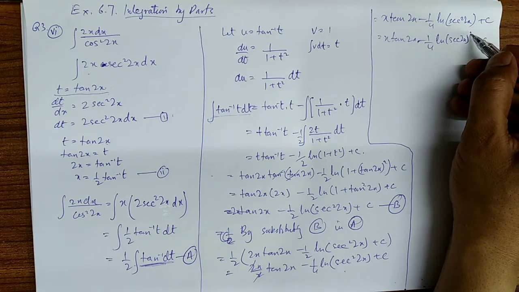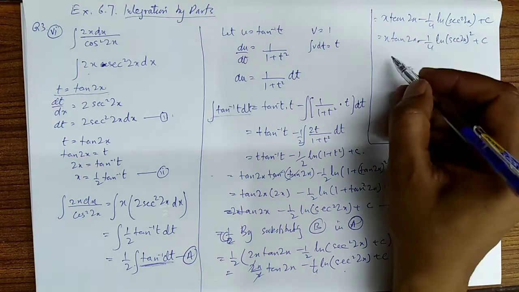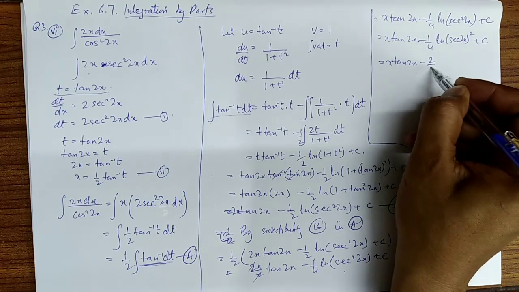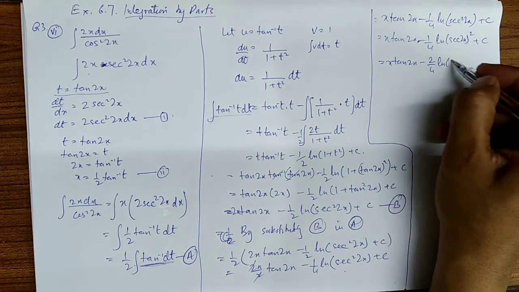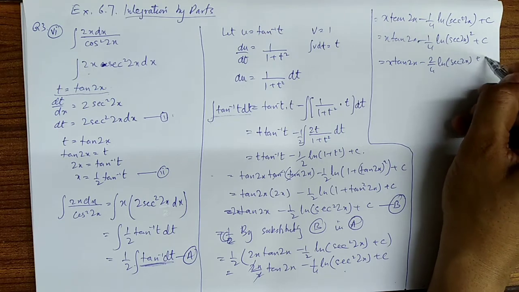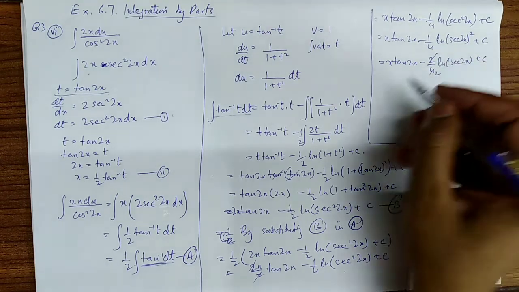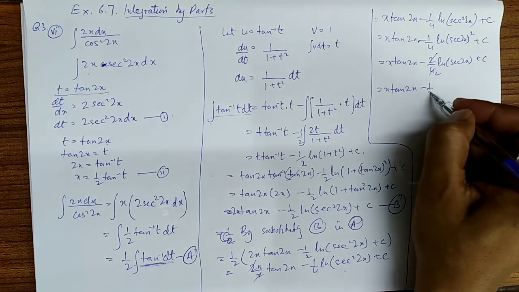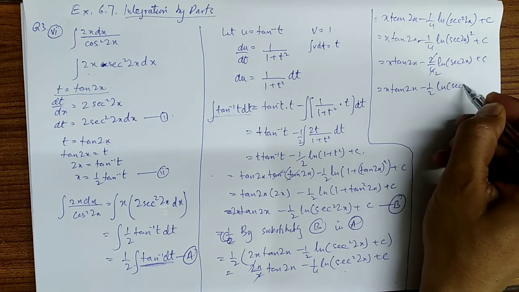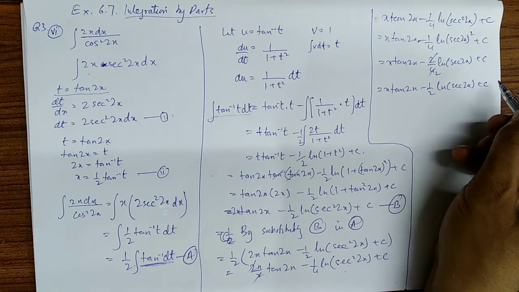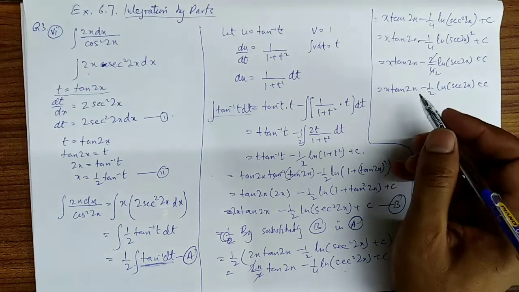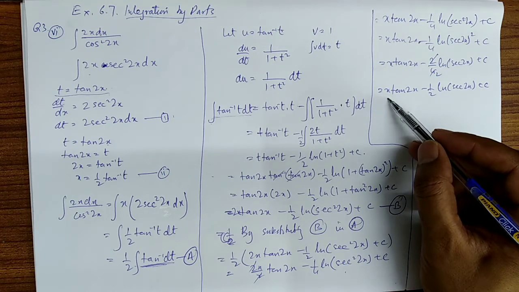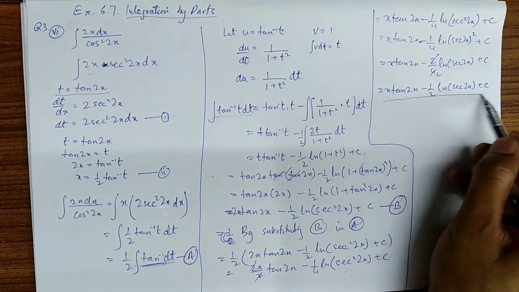So according to the natural log we can shift this 2 here, x tan 2x minus 2 upon 4 ln sec 2x plus c, 2 1s are 2, 2 2s are 4, so x tan 2x minus 1 upon 2 ln sec 2x plus c. And finally we can say that this is our final answer.